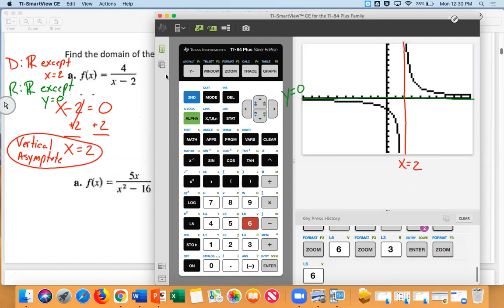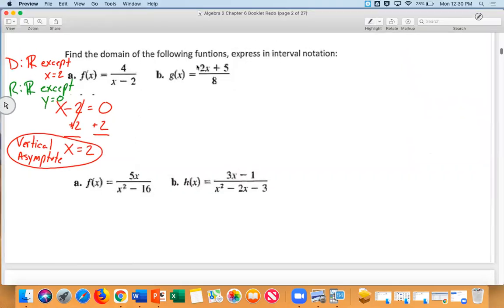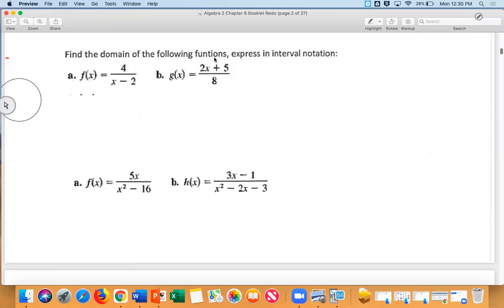All right, so let's look at the next problem. If we look at B, 2x plus 5 over 8. Let's think about this. What kind of things really give me problems? Dividing by 0. Am I dividing by 0 here, Hannah? Let's look at the denominator.